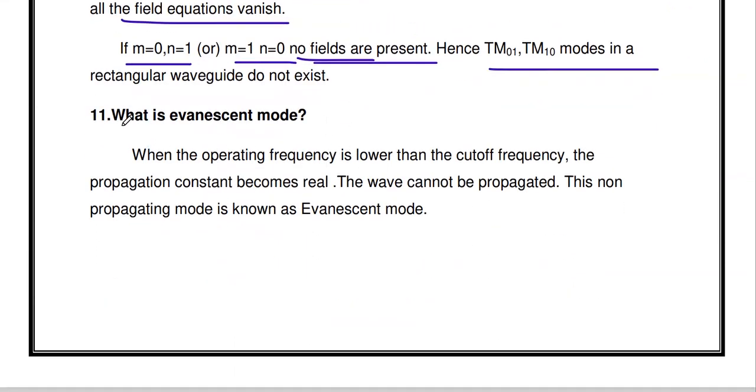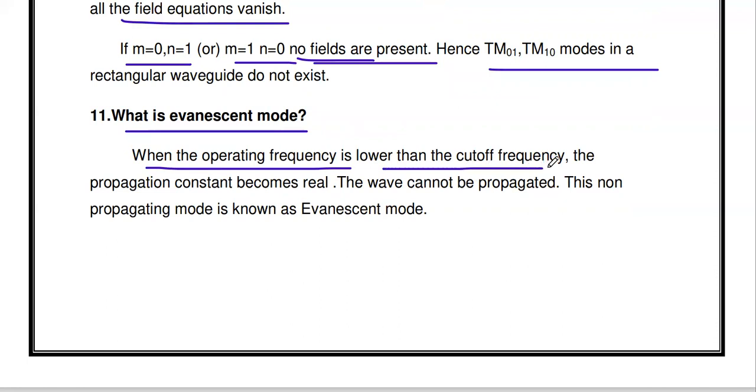And the next question, what is evanescent mode? Evanescent mode means when the operating frequency is lower than the cutoff frequency, the propagation constant becomes real. Already you know, if the wave frequency is less than the cutoff frequency, then for that frequency the propagation constant becomes real.